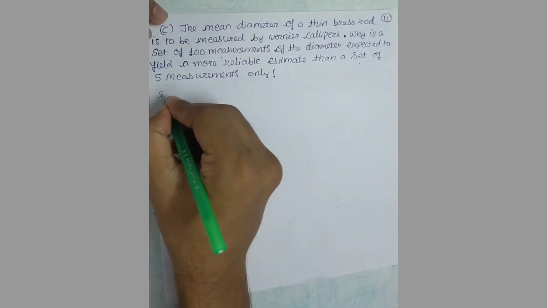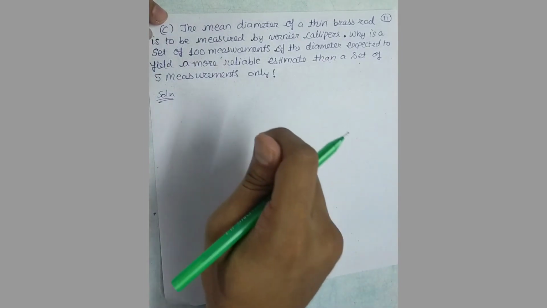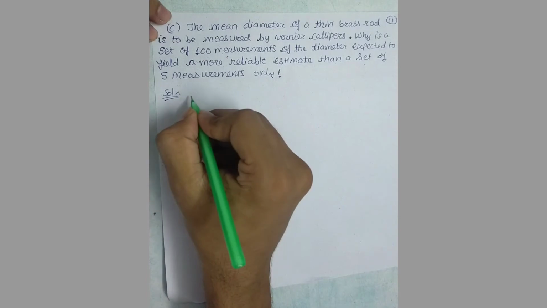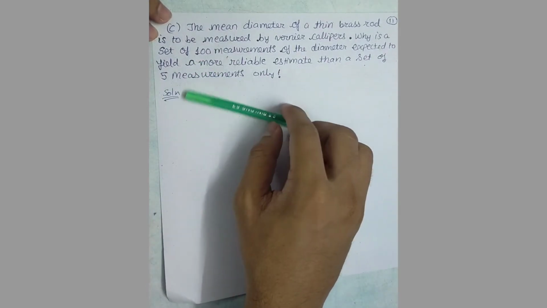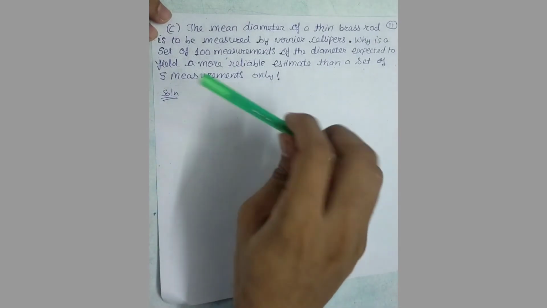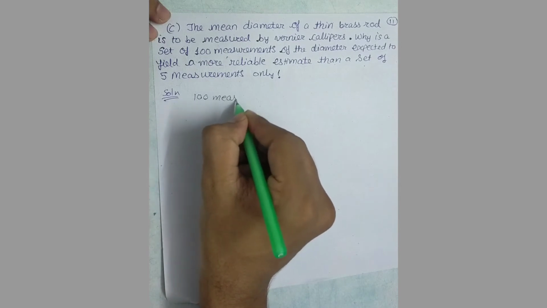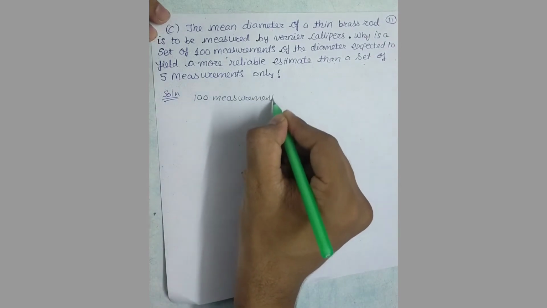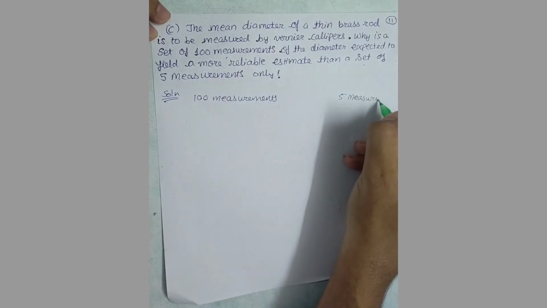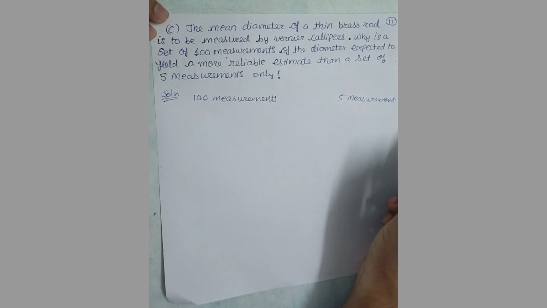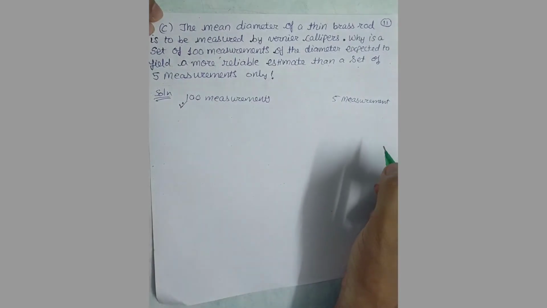What this question is asking is, if you are measuring any dimension with the help of some instrument, for example this dimension of this pen, and you are creating data for 100 measurements, and on the other side you are measuring only 5 times, which will give you more reliable data and why? Of course, the 100 measurements will give you more reliable data.